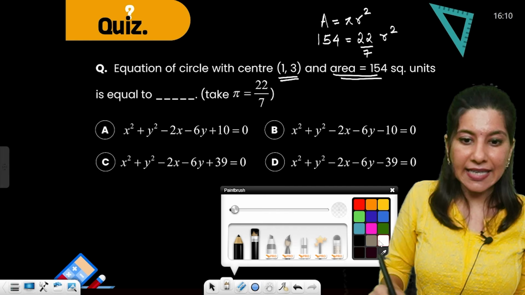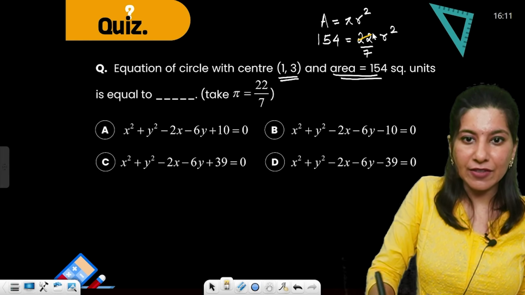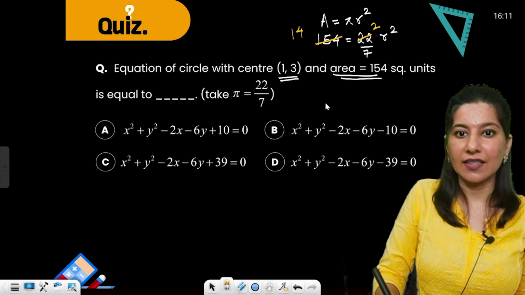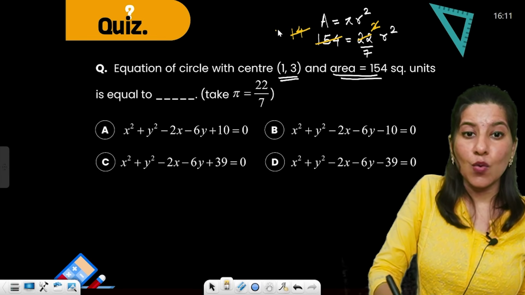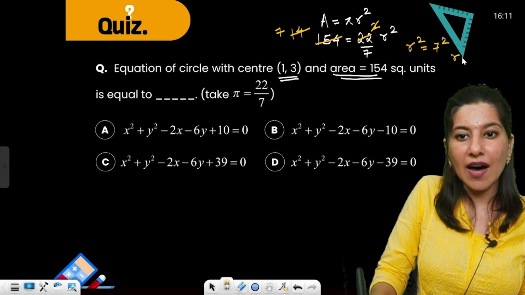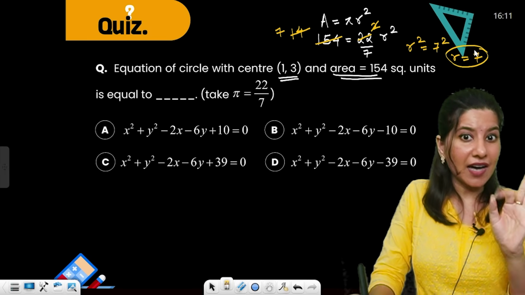Now this can get cancelled out with 11: 11 twos are 22, 11 fourteens are 154. So clearly r² is coming out as 7², so r is equal to 7.